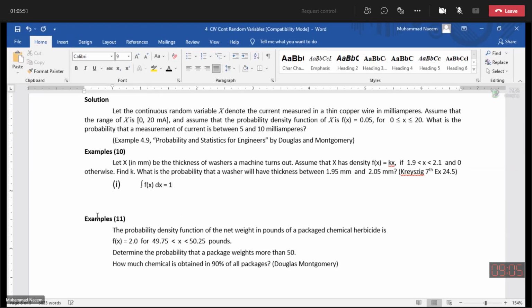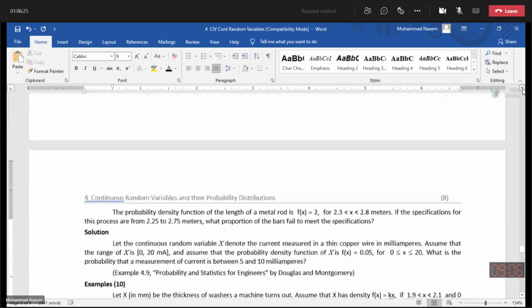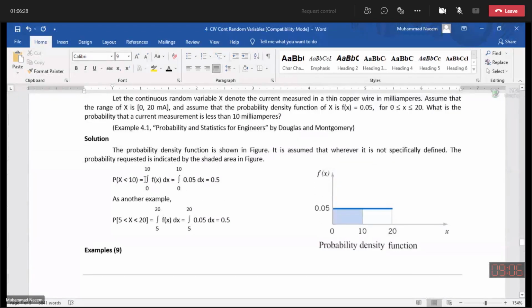What happens on the left hand side? We have the integral of kx dx equal to 1. And what happens next? We have k x squared by 2 equal to 1. And with the range, we have to integrate this function within the given range.